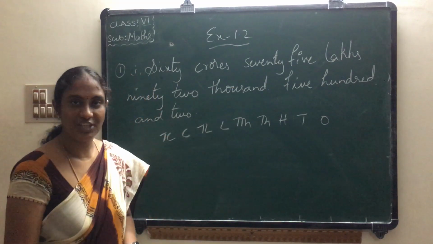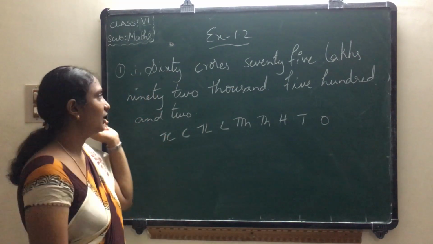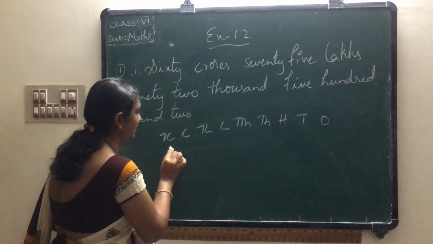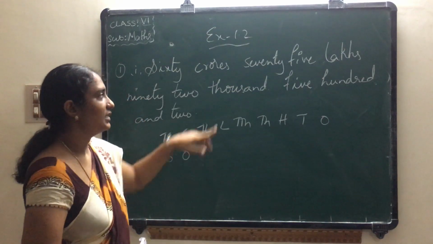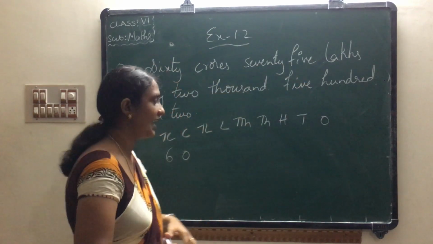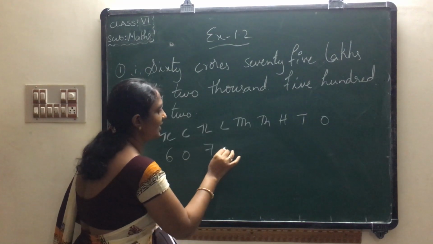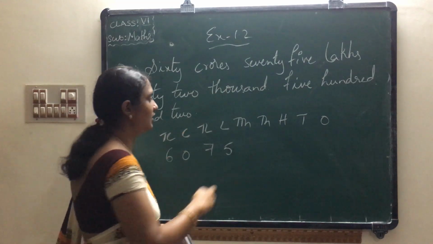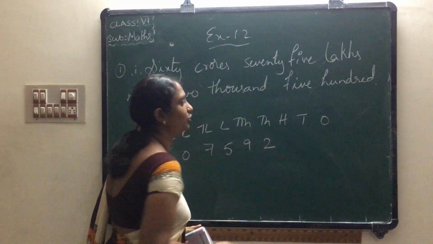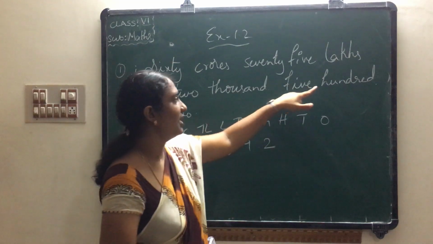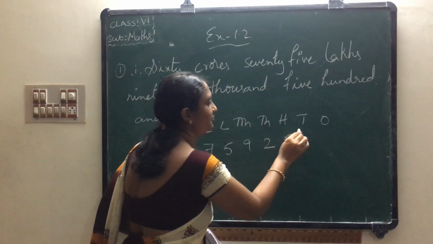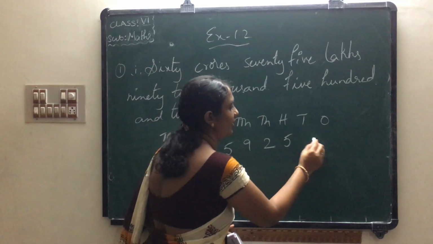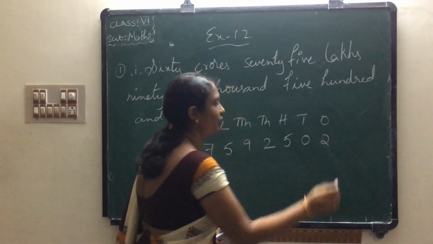Write 60 crores, then 75 lakhs. Next, 92,000: in the thousands place we write 92,000. Next, 500: in the hundreds place we write 5. Next, and 2: in the tens place there is no number, so write 0, and in the ones place write 2.